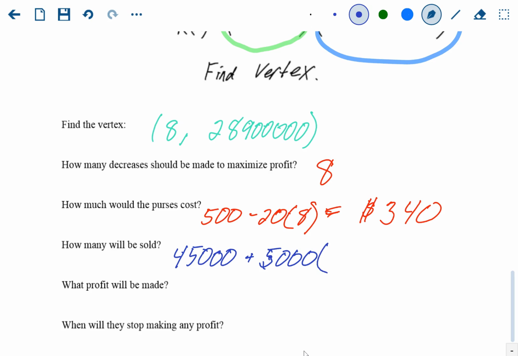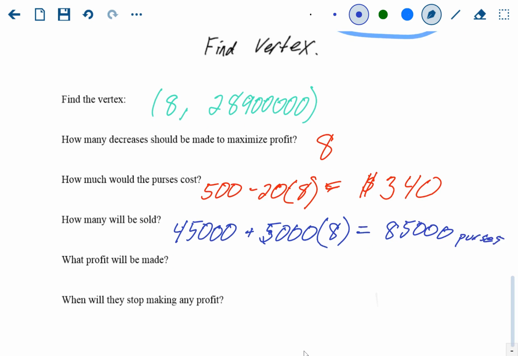So every price decrease that you make, you're going to sell 5,000 more purses. And we're doing it 8 times. Okay. So that gives you 85,000. Okay, so again, originally we were selling 45,000 purses for $500. Now we're going to be selling 85,000 purses for $340. And that's going to maximize our revenue.